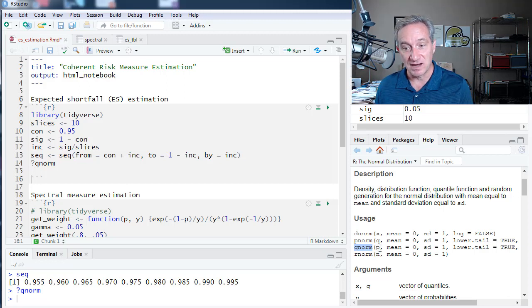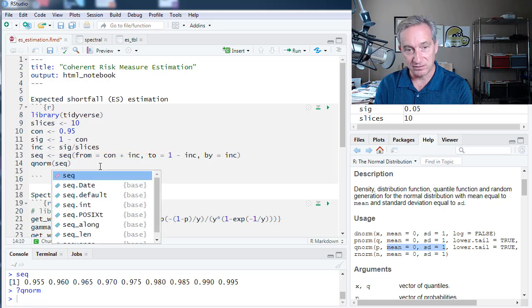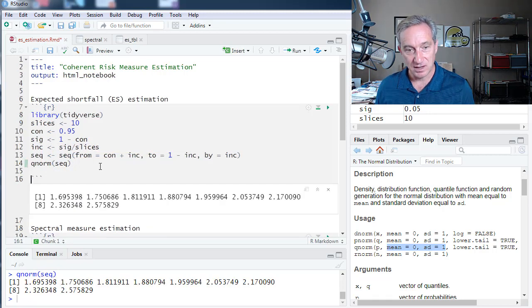And all I need to do is provide here p, the probability, and my defaults will already be for a standard normal variable. So that I can take qnorm of this sequence, and what I get are, because sequence is a vector of those confidence levels, here I'm getting the associated vector of quantiles. And right here, so here's the quantile given the probability of 95.5%.